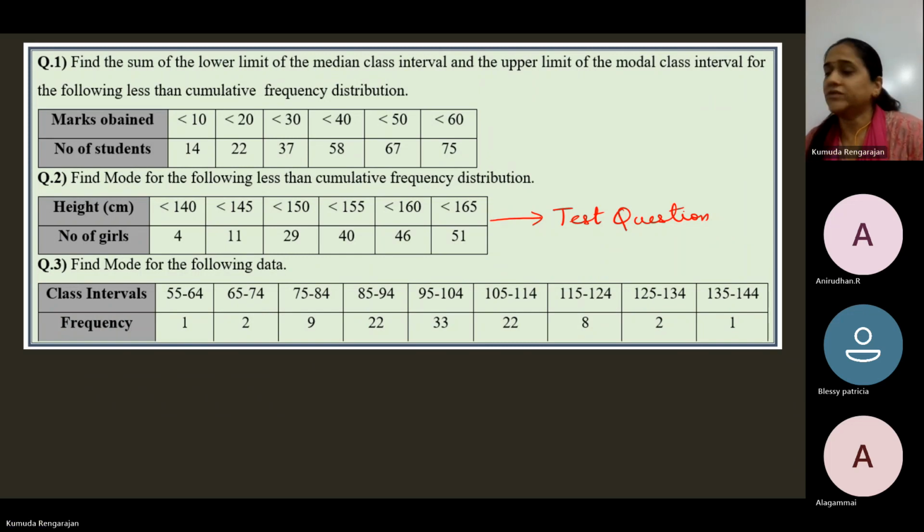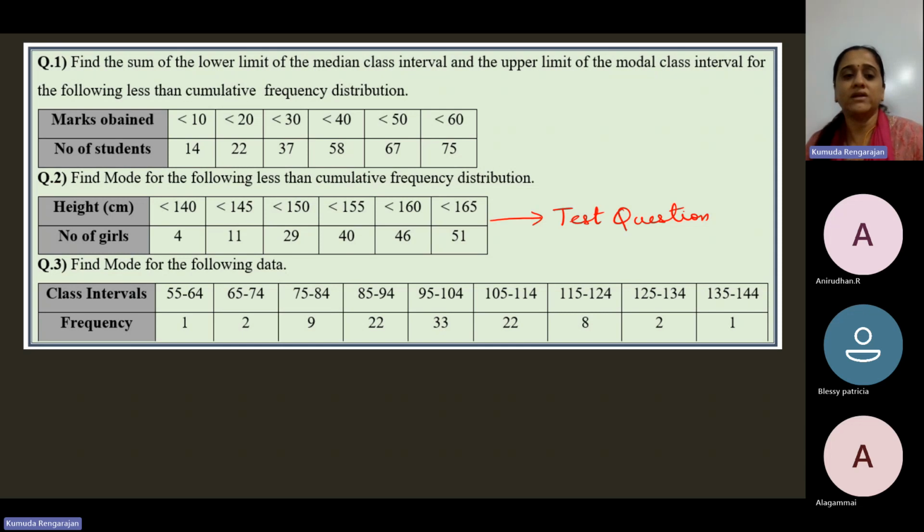Upper limits. With the less than symbol, what you see are the upper limits. So what are the class intervals? They are the upper limits. So 140 is the first upper limit. So it will be 135 to 140, 140 to 145.